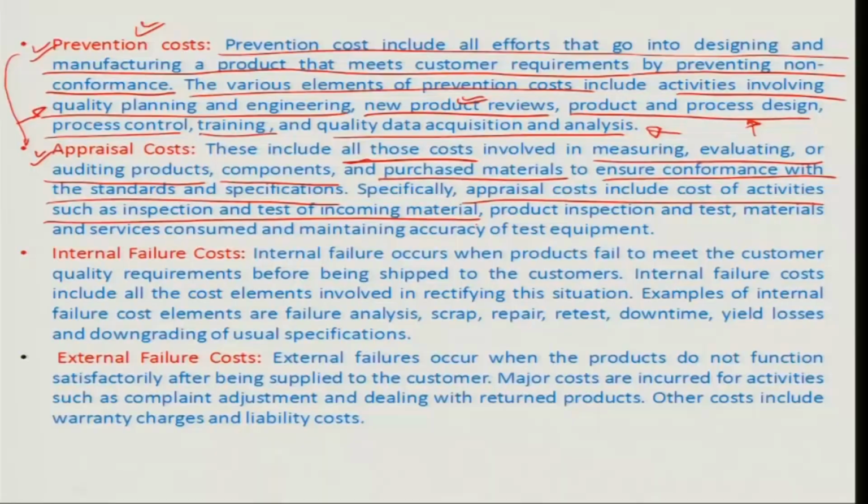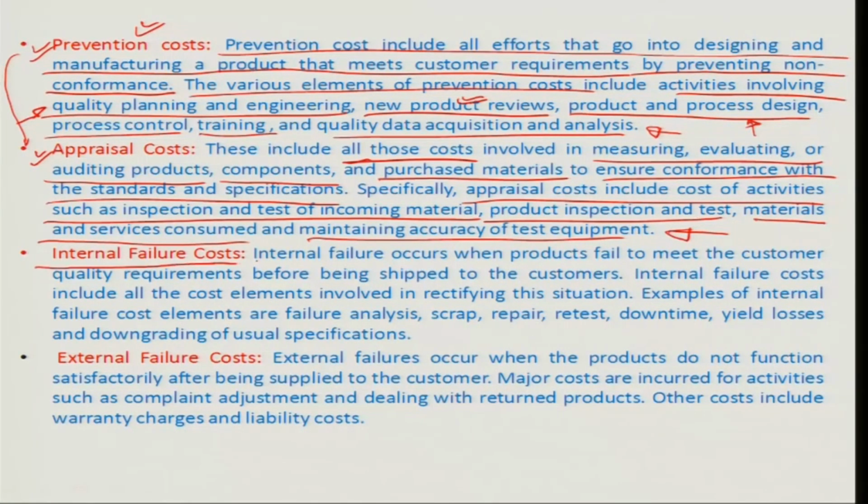The parts inspection goal here is to see that if you are having two sources from which the same part is coming, are both the sources complying to the standards laid out, and if there is some kind of a deviation, then the parts inspection has the added responsibility to go and do a process audit at the vendor end and see what is the reason for the non-compliance and try to remove that, so that the system doesn't get altered much. So you have product inspection and tests, materials and services consumed, and maintaining accuracy of the test equipments. These are all a part of the appraisal cost.